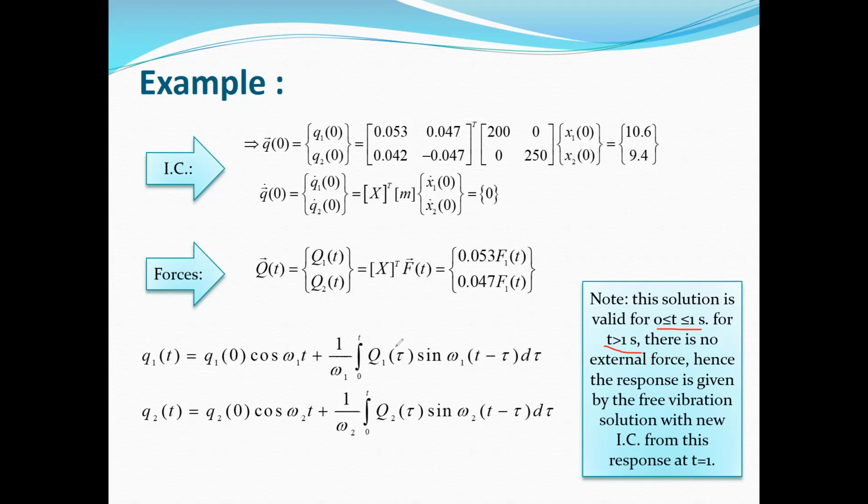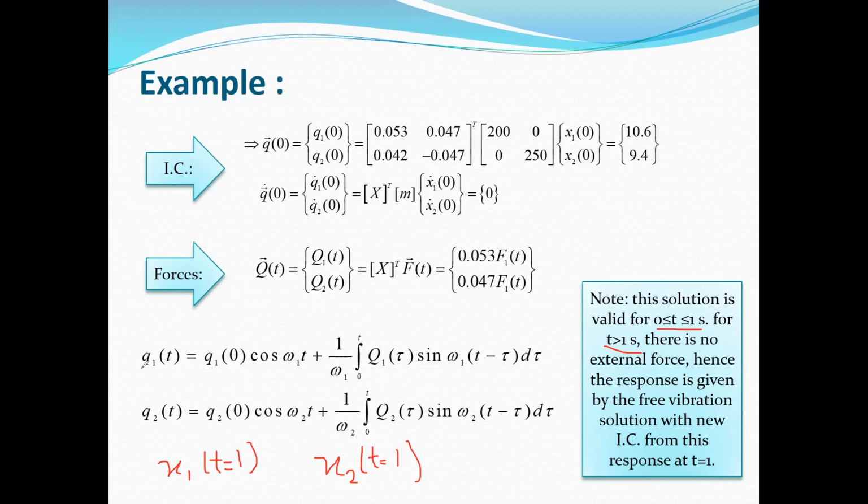So we need this response to find the initial conditions, and in fact we should find x1 at t equal to 1 and x2 at t equal to 1, and also x1 dot and x2 dot at t equal to 1.